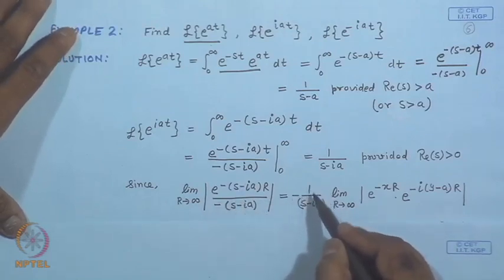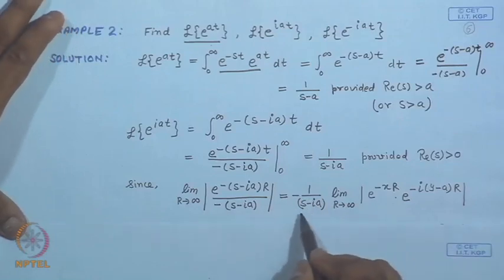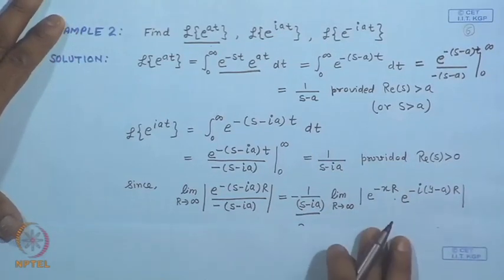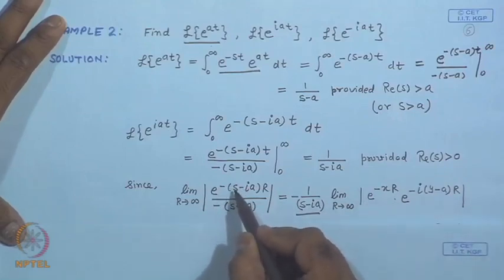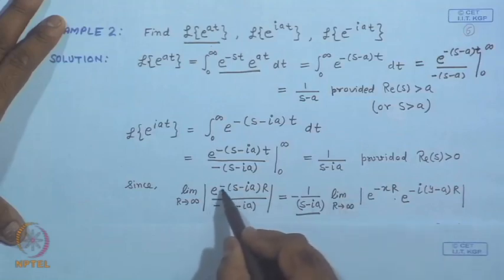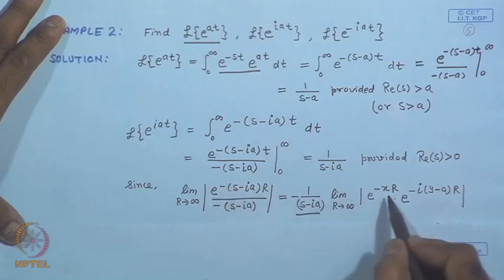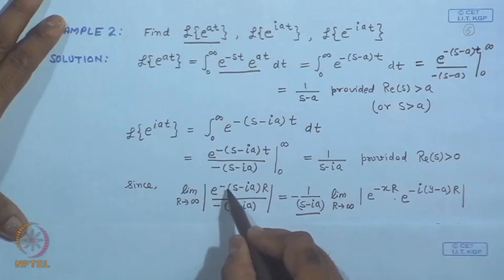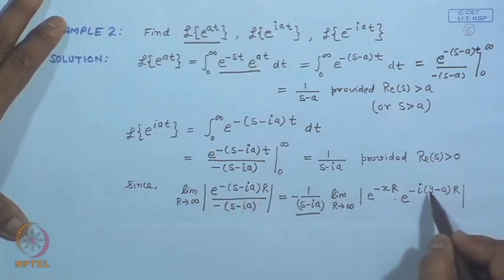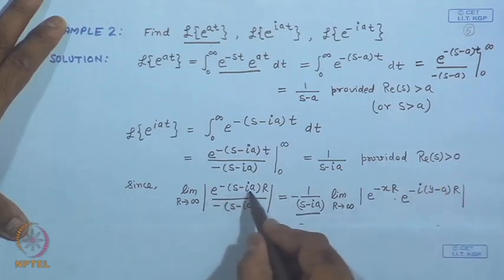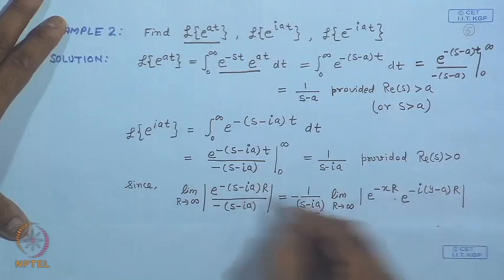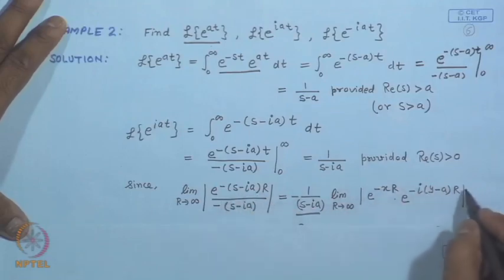So, we have minus 1 over s minus a, and then the limit r to infinity of e power minus x r, where we again assume s is x plus i y, and then e power minus i y, with i a taken common, and then r.